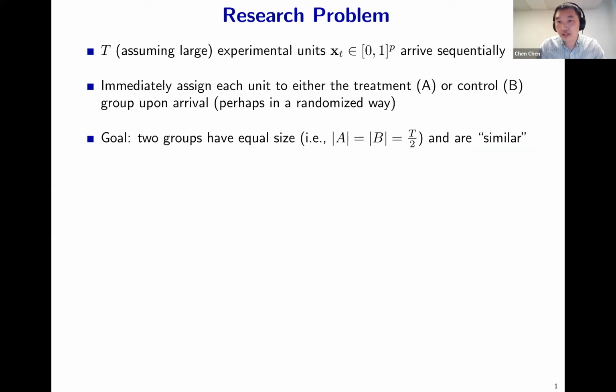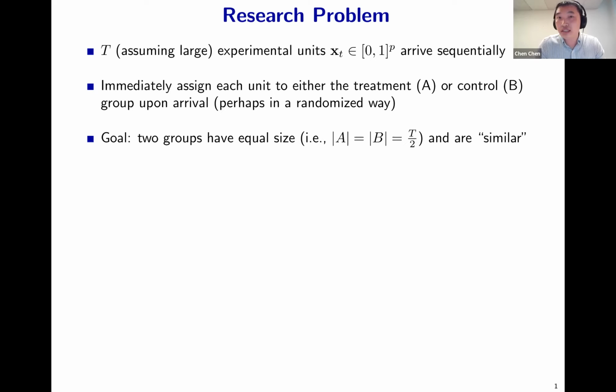In short, the paper studied a very important and practical question, which is sequential allocation of treatment and control. This problem is particularly meaningful if holding the experimental unit is costly, for example, in clinical trials, and in some other instances, it is just infeasible, for example, in some applications for experimental design in online platforms.